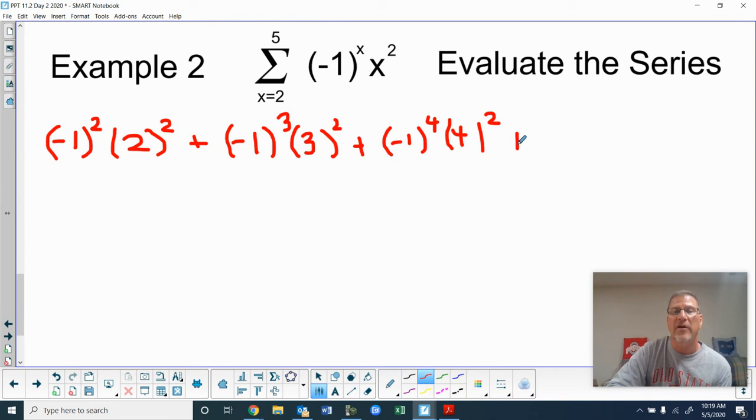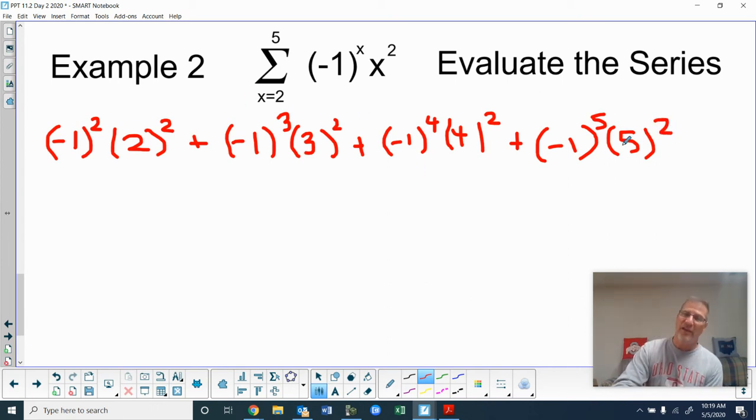And then our 5. So x is 5. So there's my 4 problems. I got to find those 4 answers and then add them up.